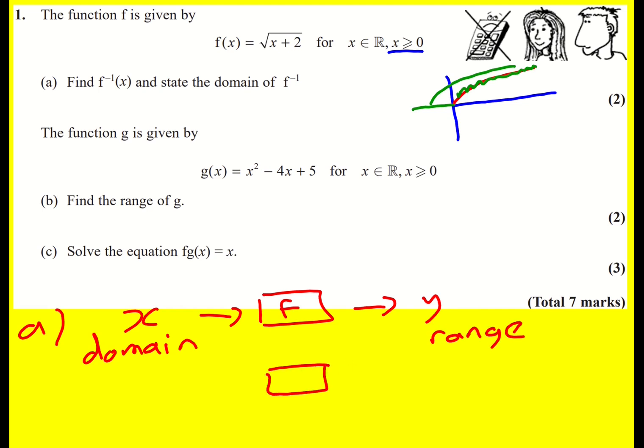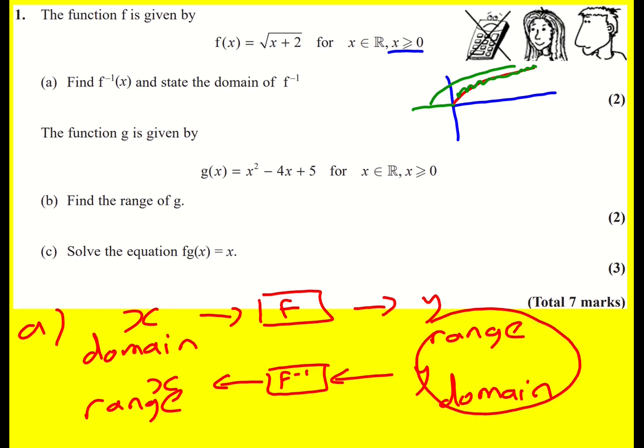That means if you go the other way, for your inverse function, now this is your domain, and this is your range, but you're mapping back onto x, and therefore these two are the same thing.